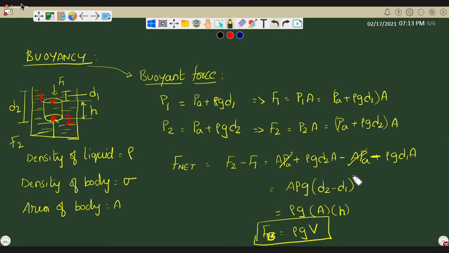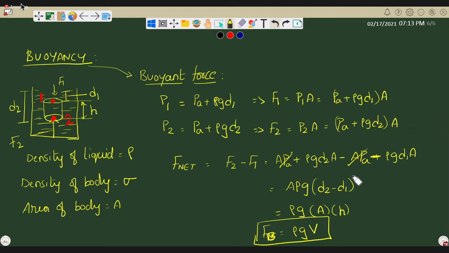Can anybody just repeat it? The buoyant force on a body immersed in a fluid is equal to the weight of the fluid displaced by that body. Okay. So from this we say the buoyant force is basically the resistance force.